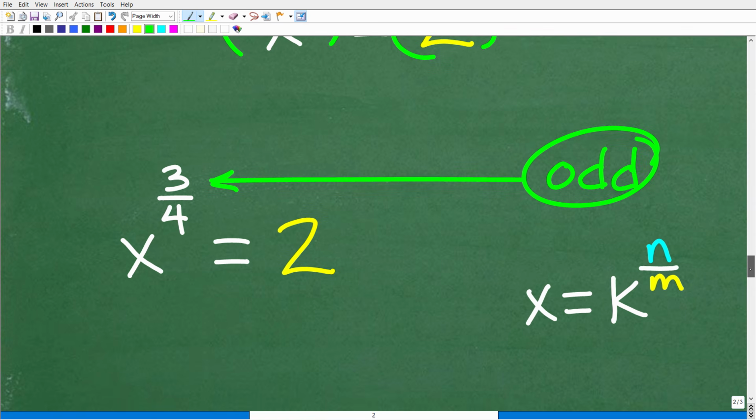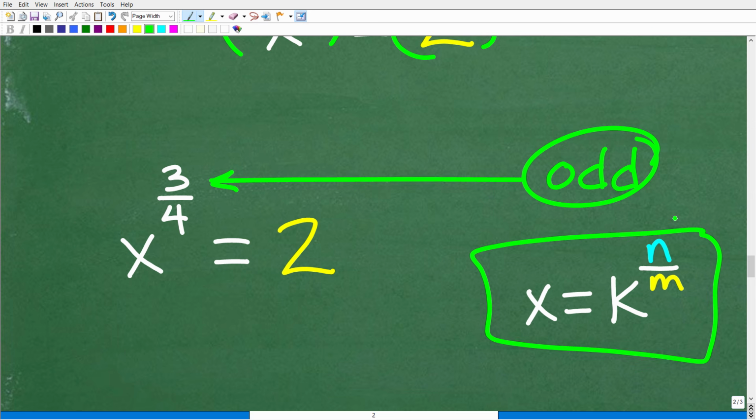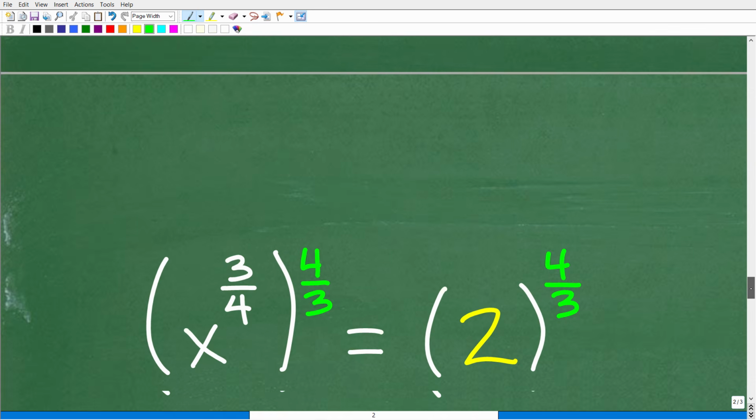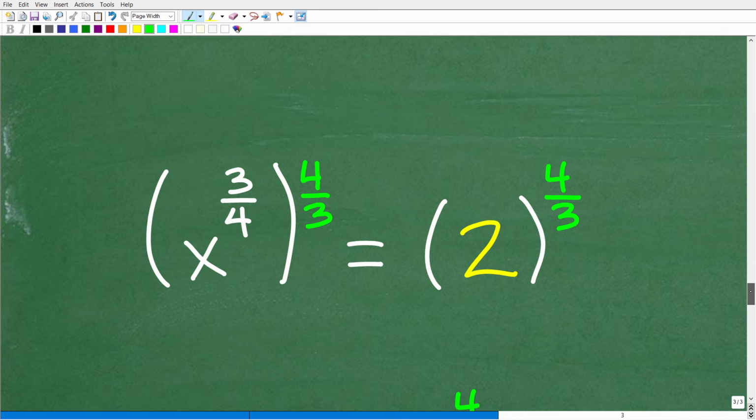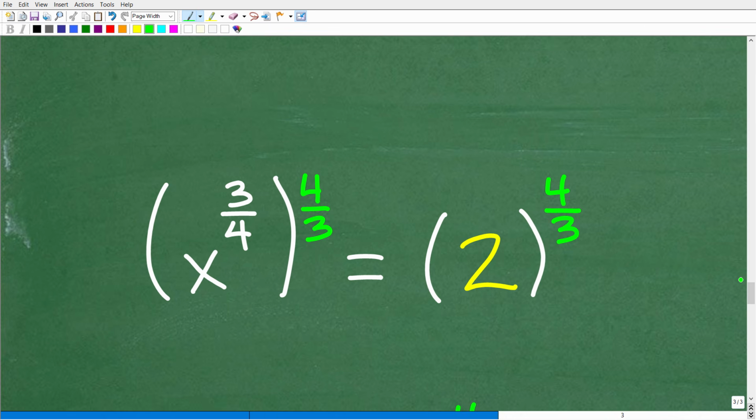All right, so again, before we do that, we want to keep in mind that we are dealing with an odd situation. So we're not going to have a positive and negative as our answer. We're just going to have one value. All right, so let's go ahead and do this right now, which is, of course, raising both sides of the equation to the 4/3. All right, so x to the 3/4 to the 4/3.